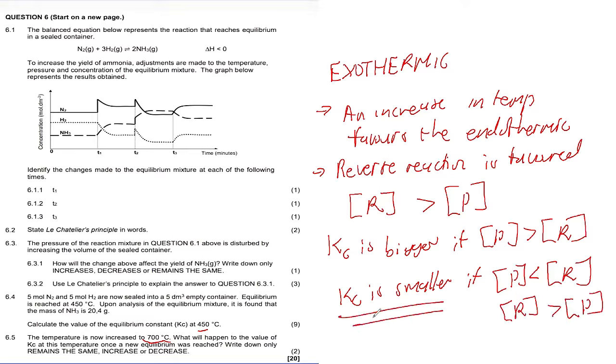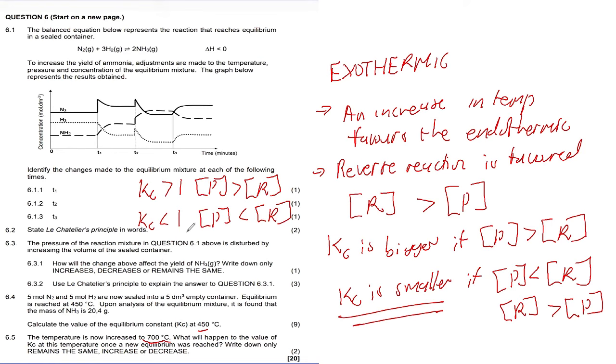So Kc will be small, right? Okay, or we can put it like this: Kc is greater than 1 if concentration of product is greater than concentration of reactants. Then Kc is less than 1 if concentration of product is less than concentration of reactants.